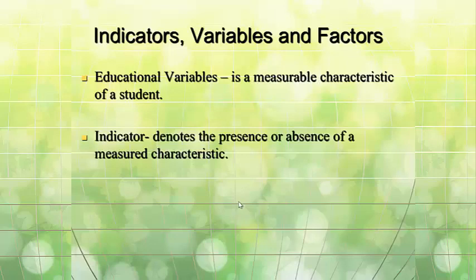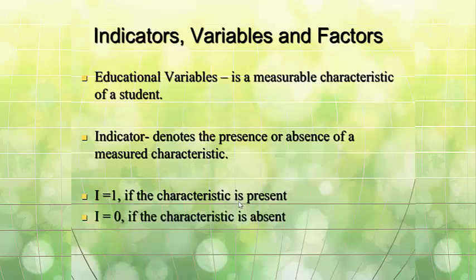An indicator denotes the presence or absence of a measured characteristic. Thus, if the characteristic is present, I is equal to 1. I is equal to 0 if the characteristic is absent.